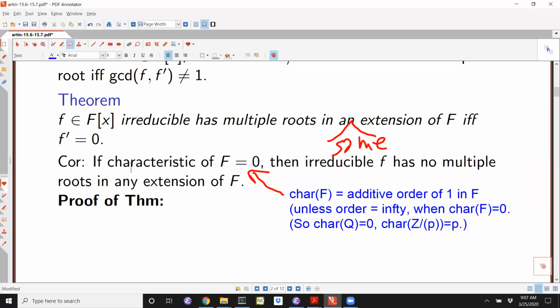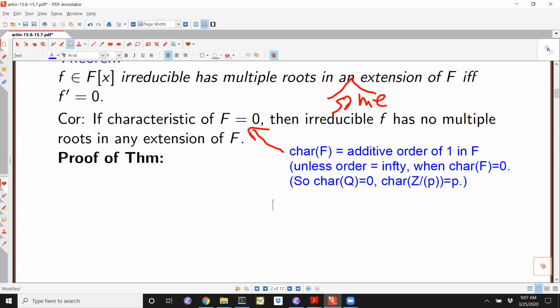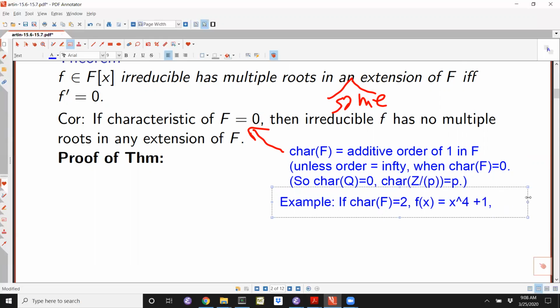I guess I should do an example, just as another aside. Say the characteristic of F equals 2, and f of x equals x to the 4th plus 1. Then f prime equals 0.